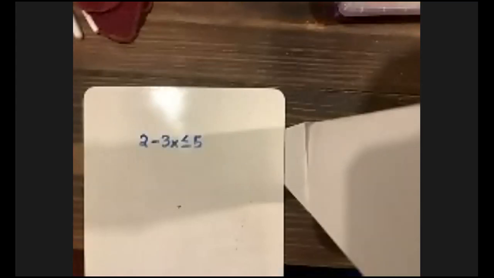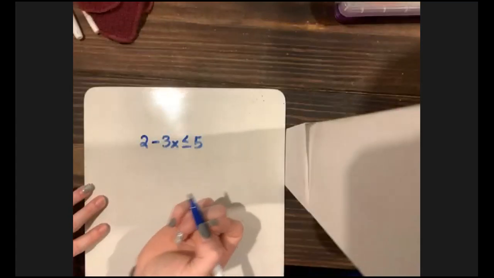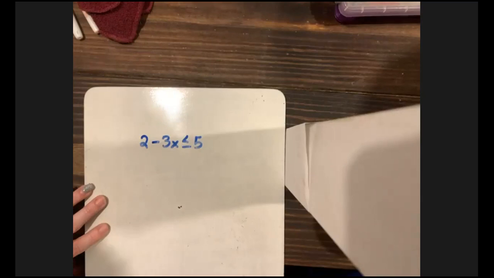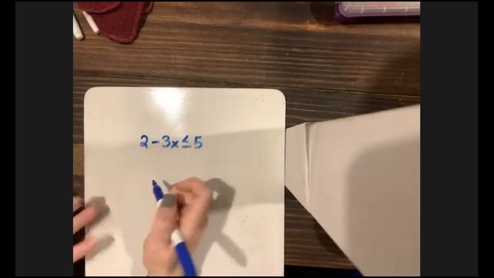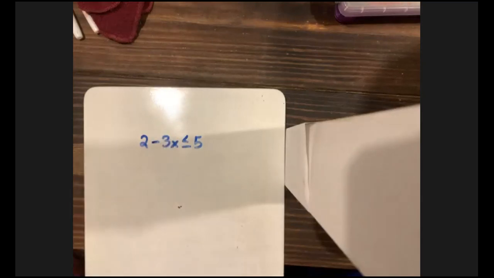Okay, so the first example that we're going to look at is 2 minus 3x is less than or equal to 5. Now, with this, there are some students who see this -3 here, and some students have to have letters on the left.